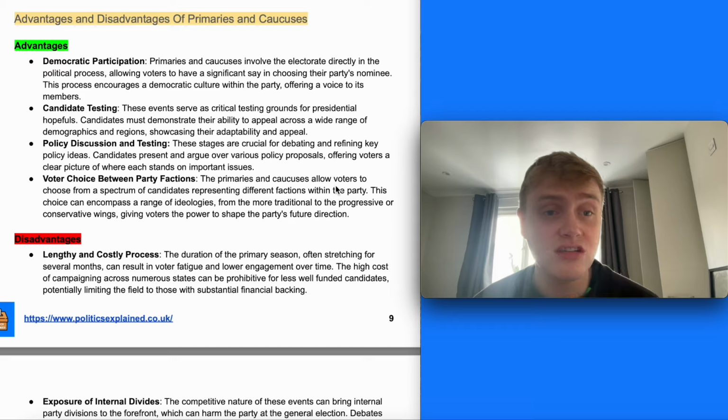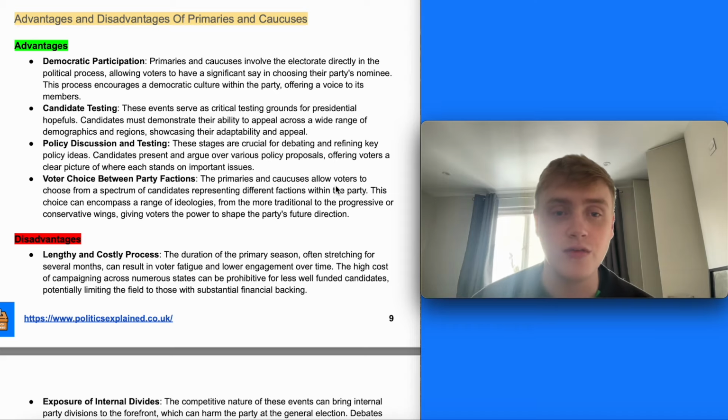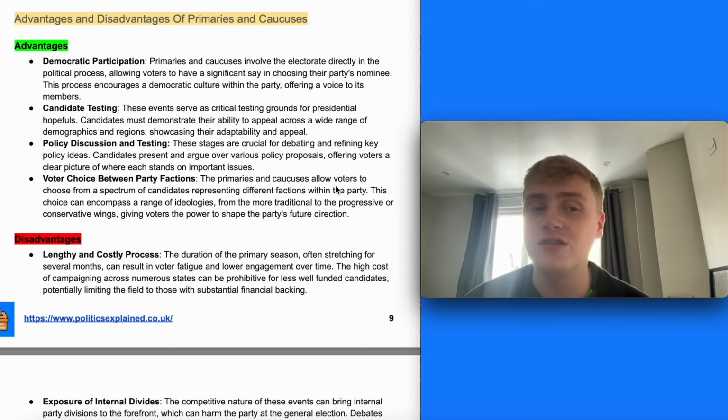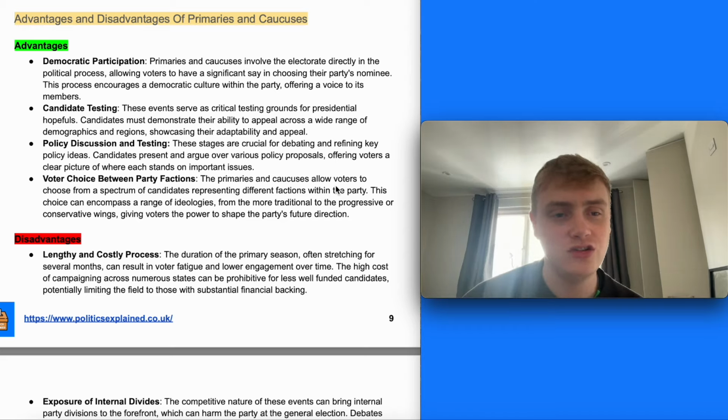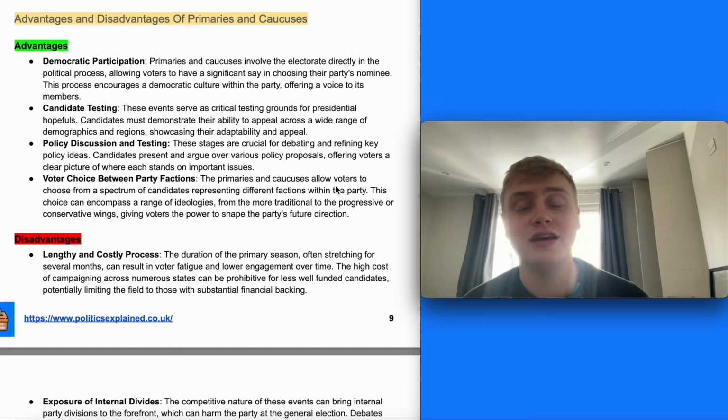Also, key policy discussion and testing, so these stages are crucial for debating and refining key policy ideas. Candidates present and argue over various policy proposals, offering voters a clear picture of where each candidate stands on important issues. And crucially, it allows the voters of a party to choose between different factions of the party and different individuals to select the eventual nominee.